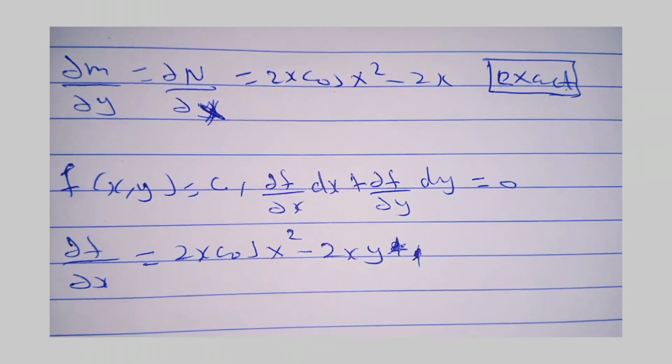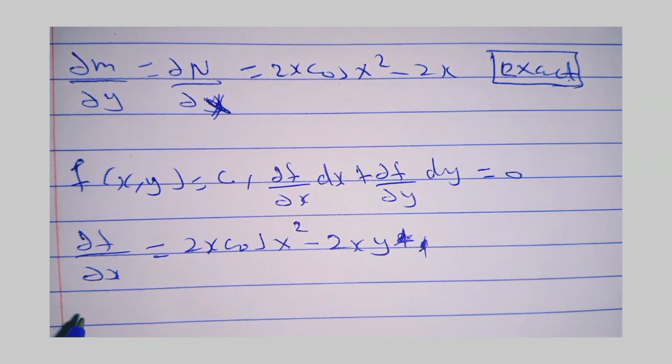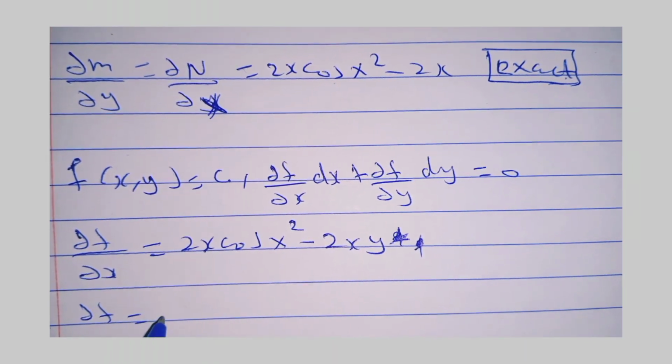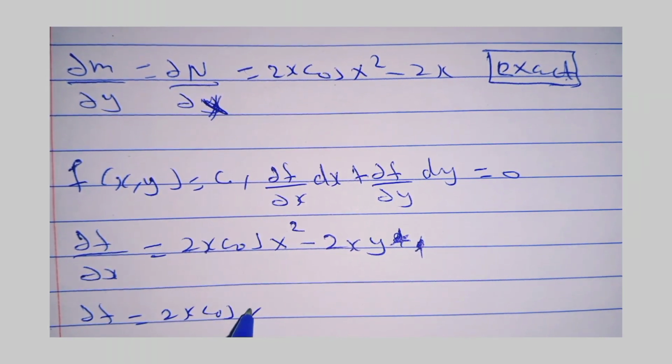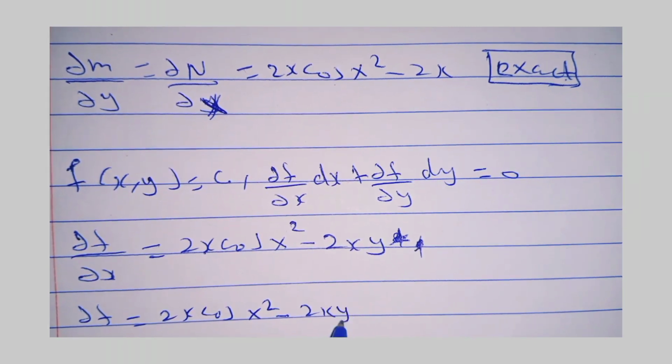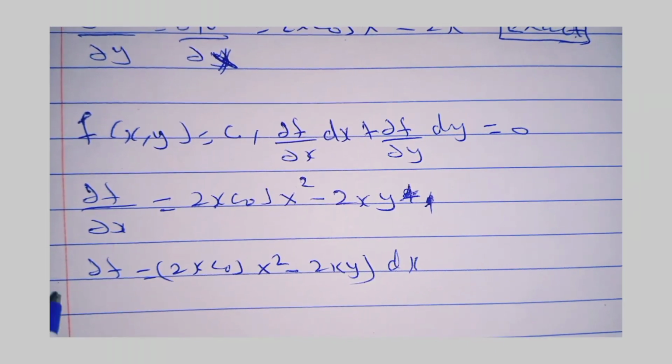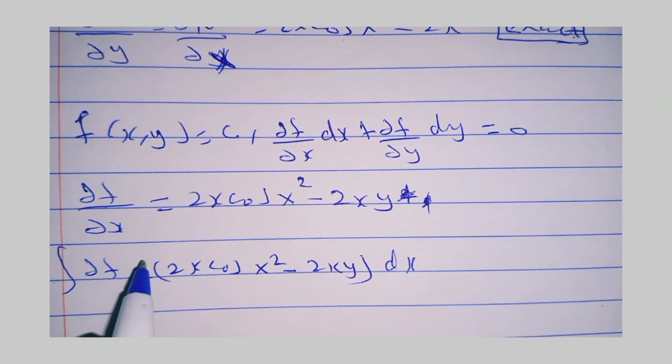To integrate this equation, we take integrals on both sides, so that the partial of f equals 2x cos(x²) minus 2xy dx.